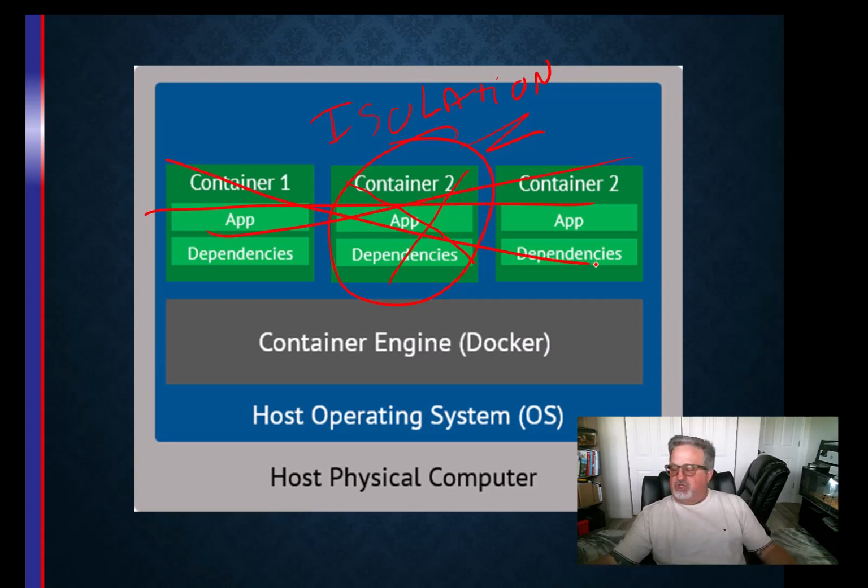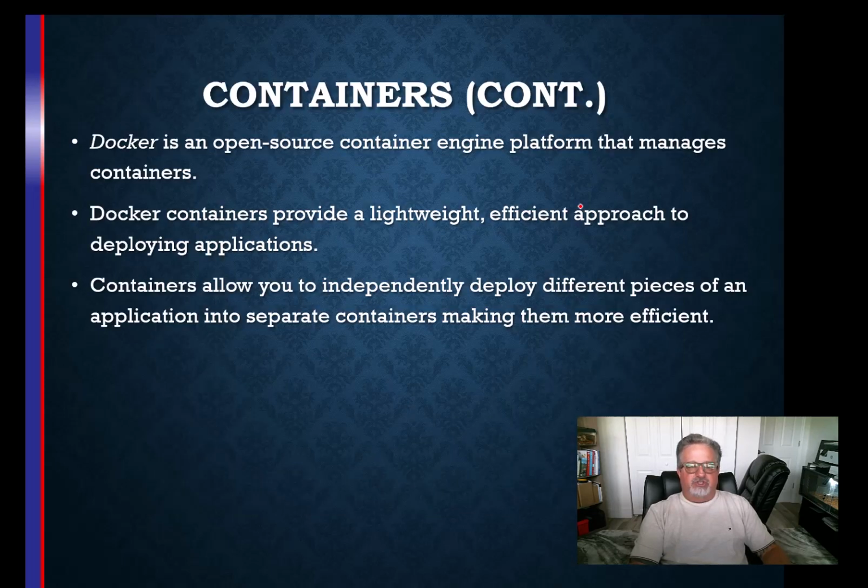This would be extremely problematic, right? You'd have a lot of issues with that. Obviously, the customers would be upset. You probably would lose business because they can't trust that their applications are going to be truly isolated and running on those systems. Okay, so Docker, this is the open source container engine that is managing containers.